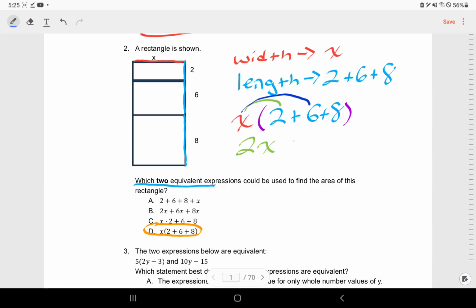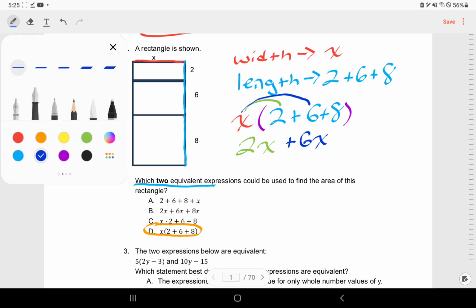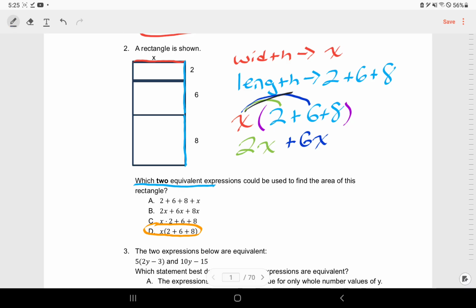X times 6 is 6x. X times 8 is 8x. So 2x plus 6x plus 8x is choice B. And so those are our 2 answers there.